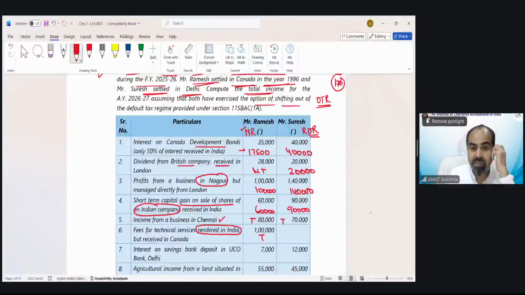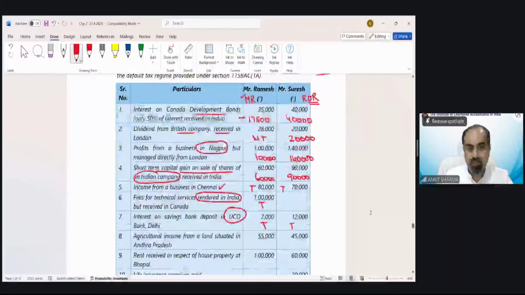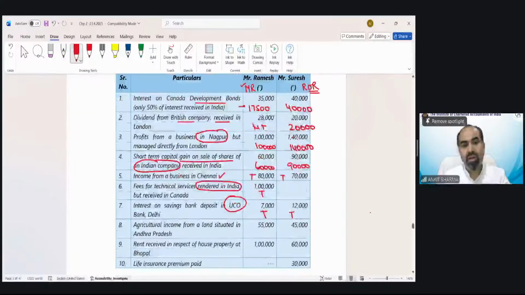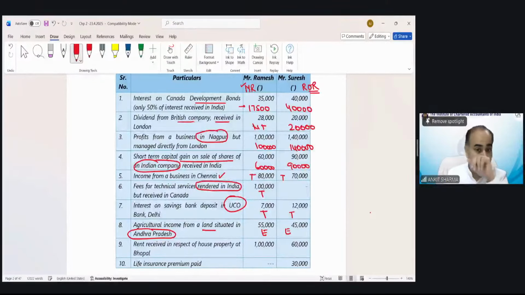Interest on savings bank deposit in UCO Bank, Delhi, taxable for both. Agricultural income from land situated in Andhra Pradesh, that is in India, so that is going to be exempted for both. Rent received in respect of a house property in Bhopal, that is in India, but 30% would be deduction. So only 70% is going to be taxed, 70,000 and 42,000.